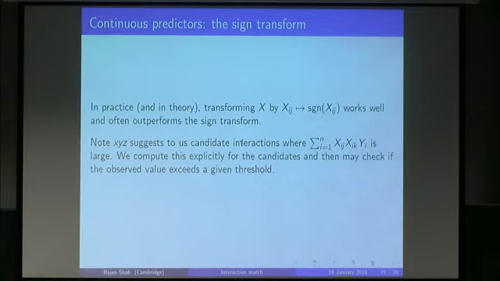And of course this XYZ algorithm is only going to suggest to us candidates which are strong interactions, and then we can go away and test them to see if the interaction strength is greater than the threshold that we're interested in. So that's one approach for continuous predictors. But if your X is continuous, then you may well not be interested in pointwise product type interactions, of course. So there are lots of different approaches that one could take in this setting.